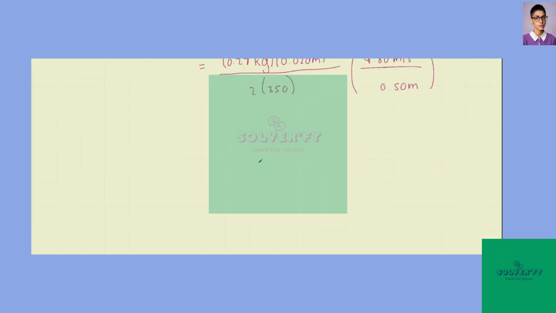And so if we calculate, we get the initial energy loss rate of the pendulum to be 1.3 times 10 to the minus 5 watts.